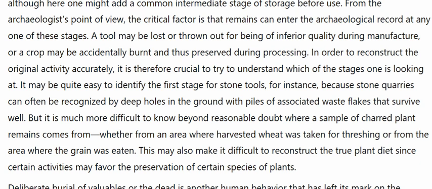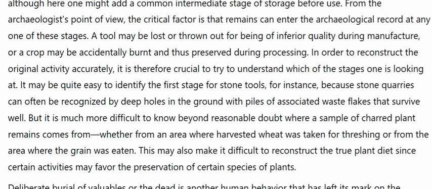In order to reconstruct the original activity accurately, it is therefore crucial to try to understand which of the stages one is looking at. It may be quite easy to identify the first stage for stone tools, for instance, because stone quarries can often be recognized by deep holes in the ground with piles of associated waste flakes that survive well.